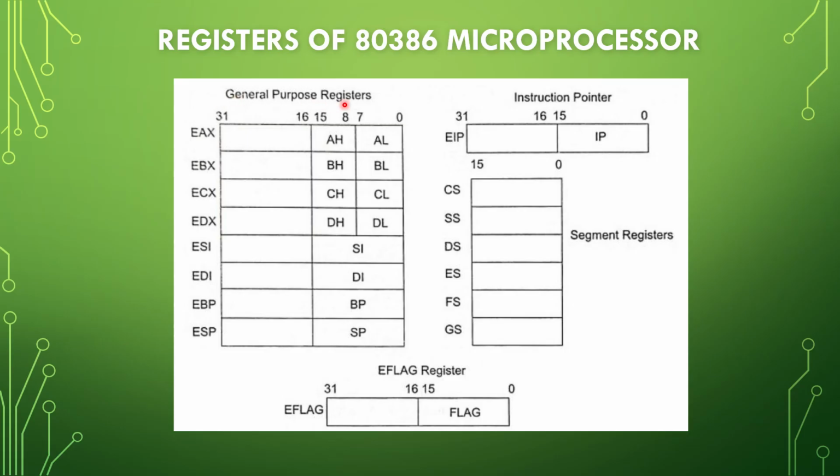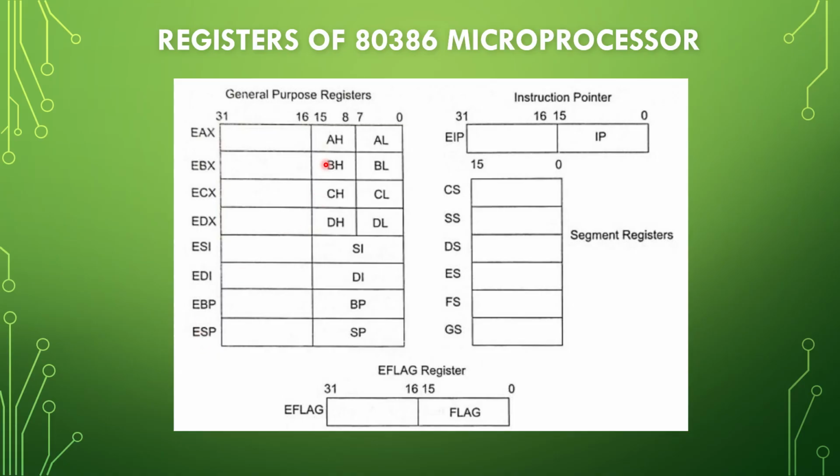First one is the general purpose register and next one is the special purpose register. These three together form the special purpose registers. Coming to the general purpose registers, they are the 32-bit EAX, EBX, ECX, EDX, ESI, EDI, EBP, and ESP.